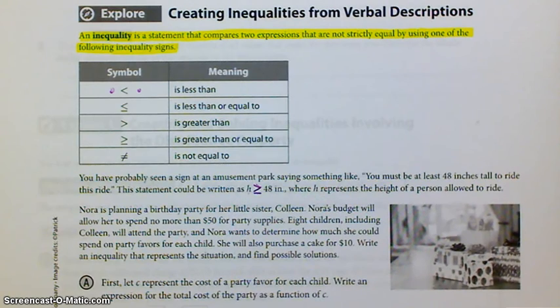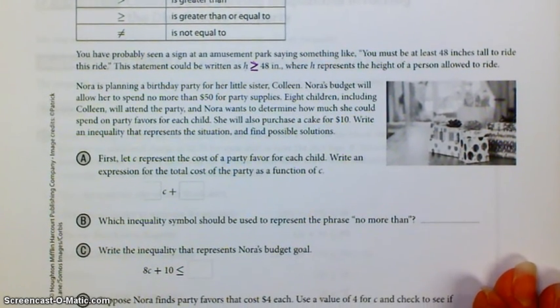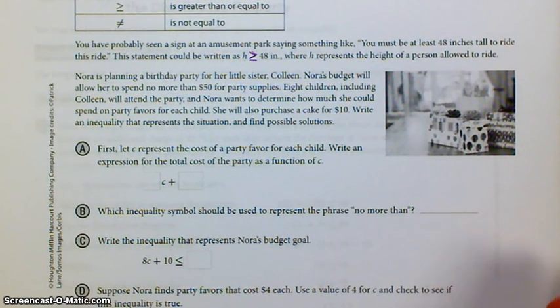Okay? So let's just break right in and start walking through some of these examples. Just remember, anything I do in the video you need to do, because I am helping you with the examples in the lesson. Nora's planning a birthday party for her little sister Colleen, and Nora's budget will allow her to spend no more than $50 for party supplies.